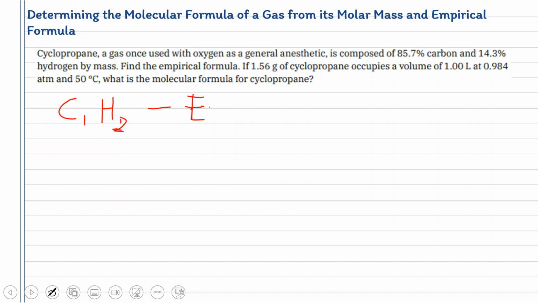Okay, great. So that's just the first step, if you remember. We've been able to solve the empirical formula, the first step. Now let's go to the next step. The next step is that, okay, you found the empirical formula, great.